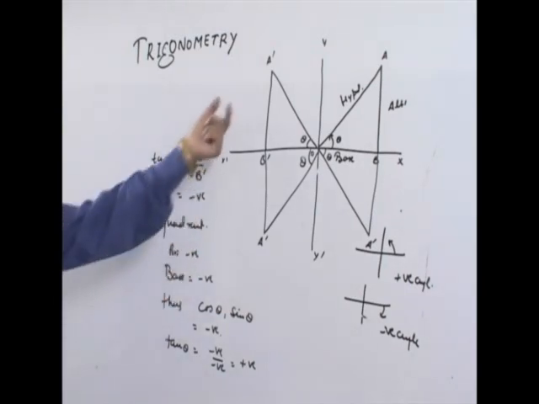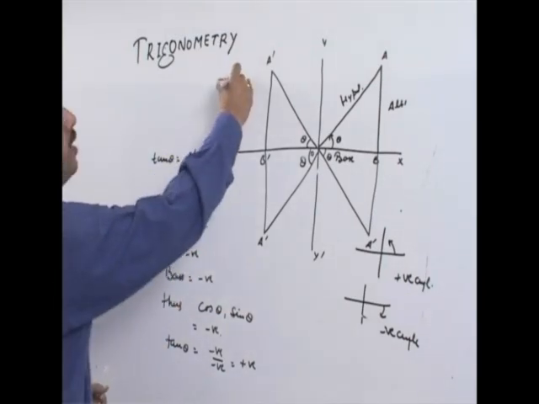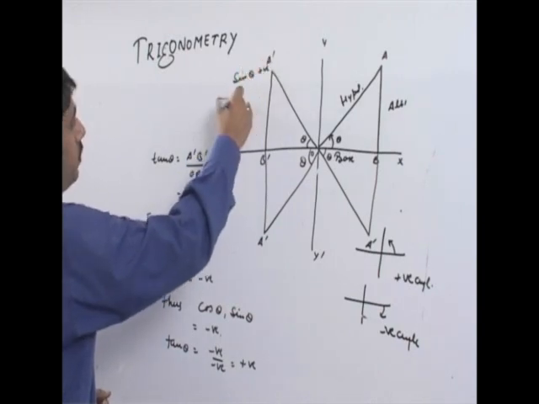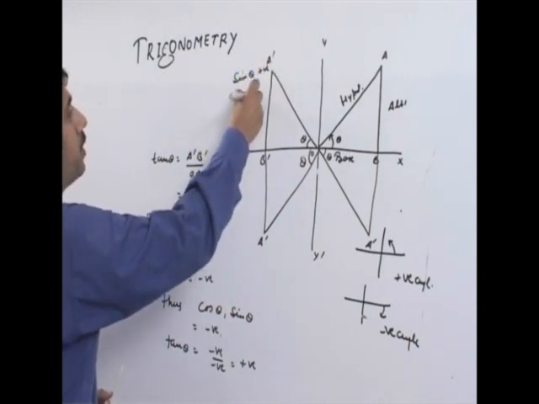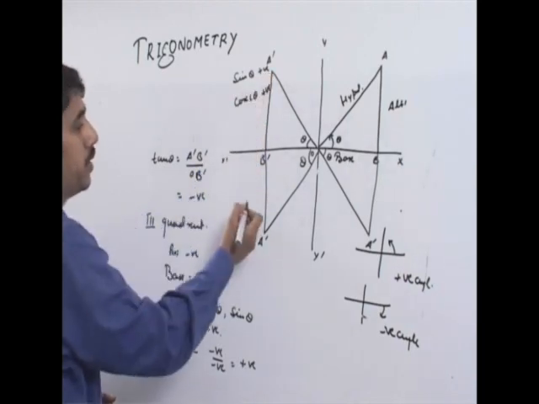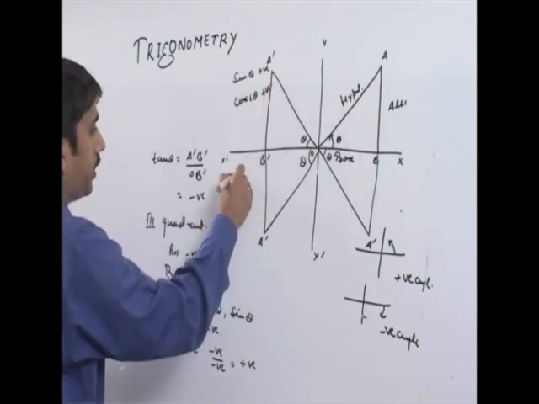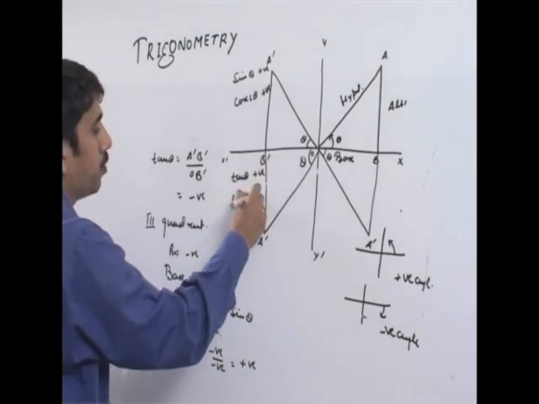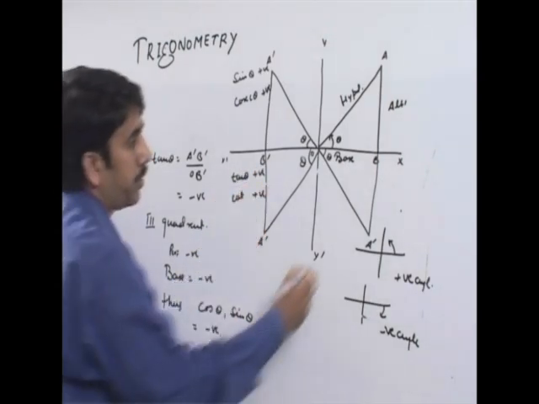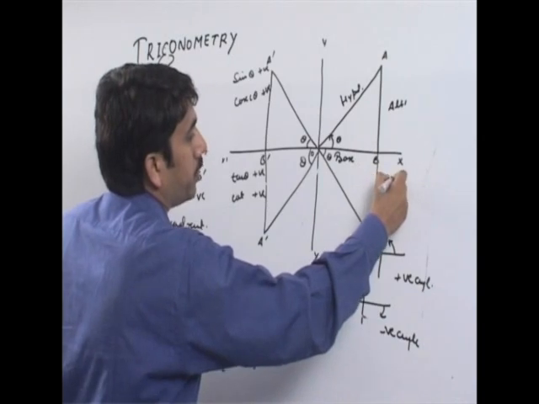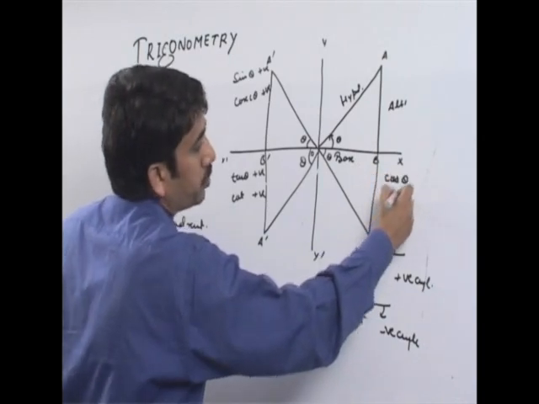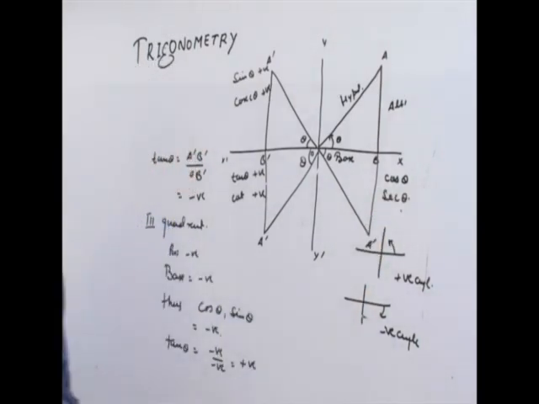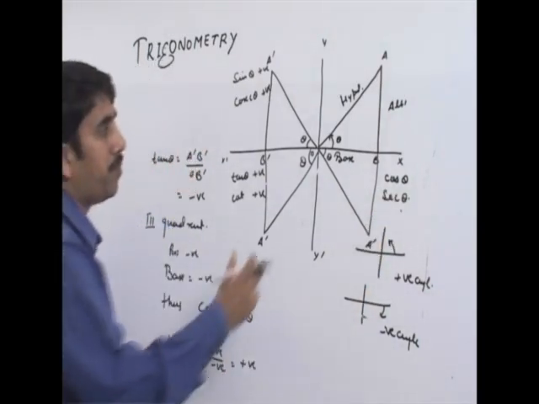Thus, in second quadrant, sin theta will be positive and cosecant theta will also be positive. In third quadrant, tan theta will be positive and cot theta will also be positive. In a similar pattern, you can say that in fourth quadrant, cos theta is positive and secant theta is also positive.